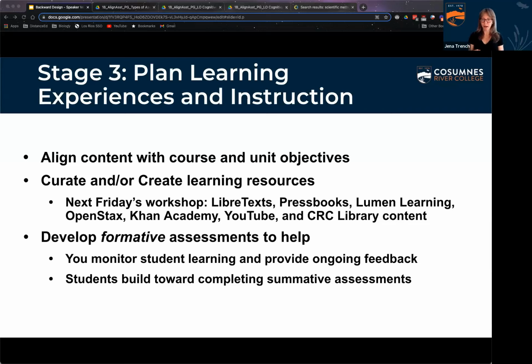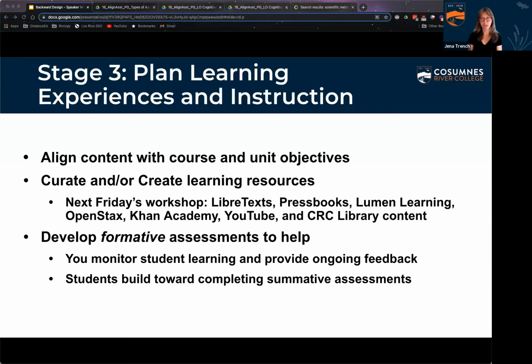So this curation and creation of the learning activities and the resources is something we're going to be talking more about in future workshops. So I'm just going to put a plug in for next week's workshop. I believe it's next week, is to talk about some of the more common, bigger scale OERs that are available that have a lot of resources for a variety of different disciplines.